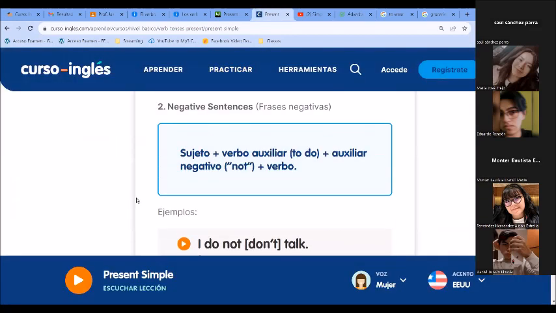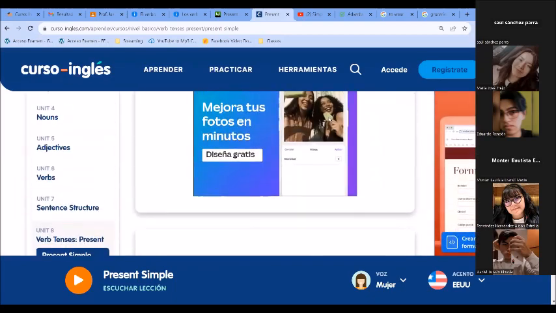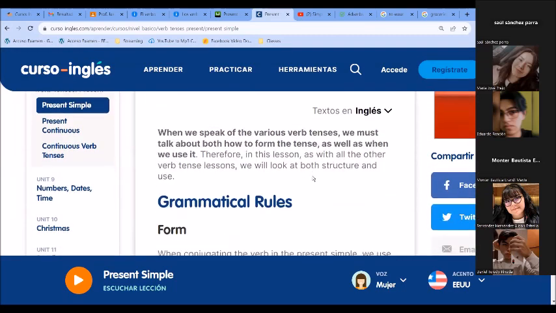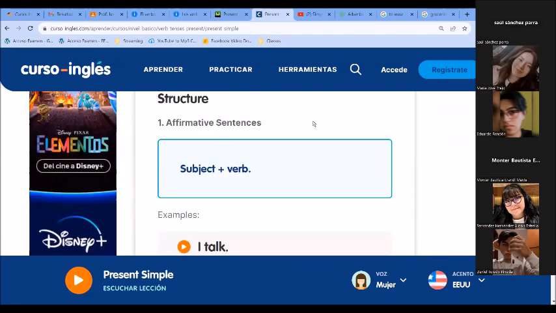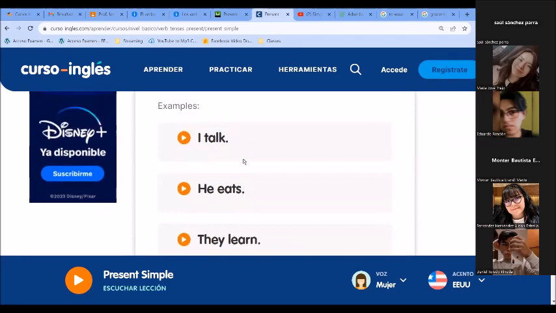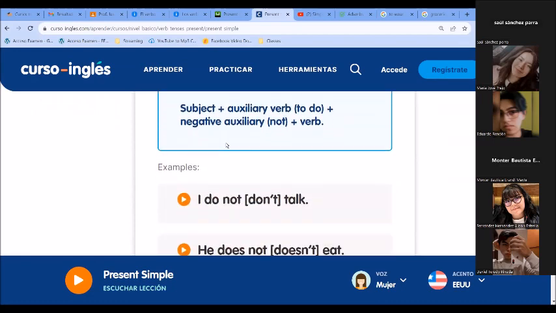All right. Of course, the present simple, like any other tense in the language, has its uses. And as we saw in the video, there are a few. So let's dive in and look at some examples. Notice that he, she, and it usually attract S endings, but the others are usually the verb in its base form.